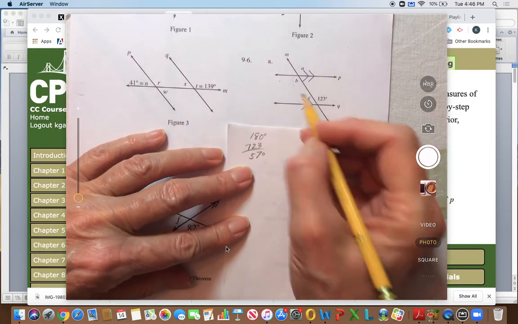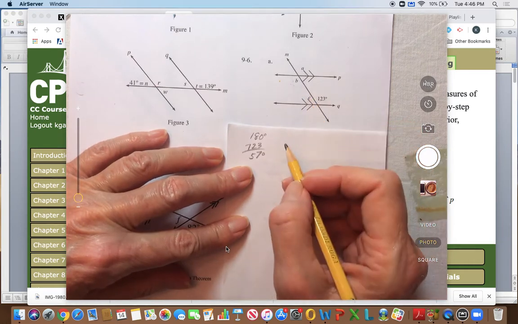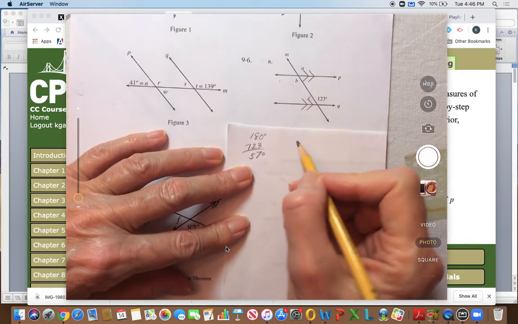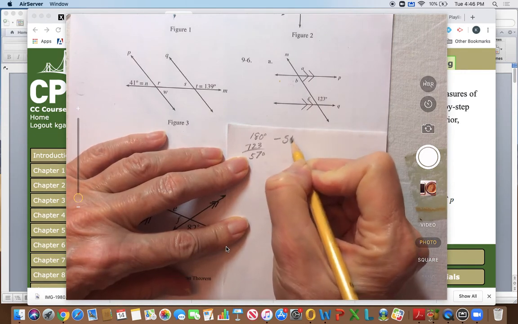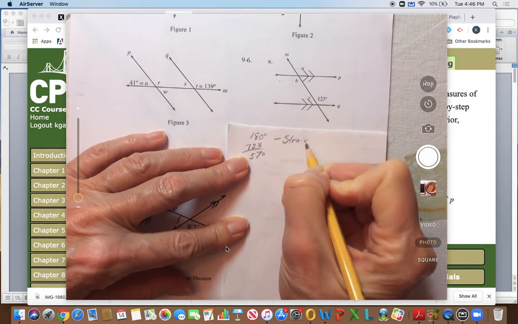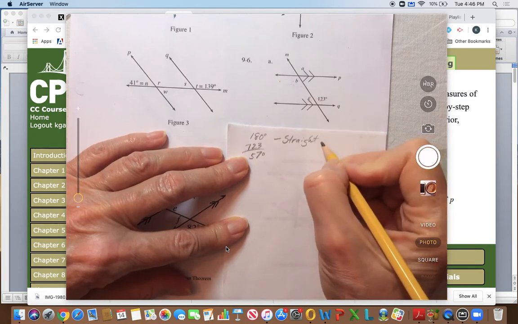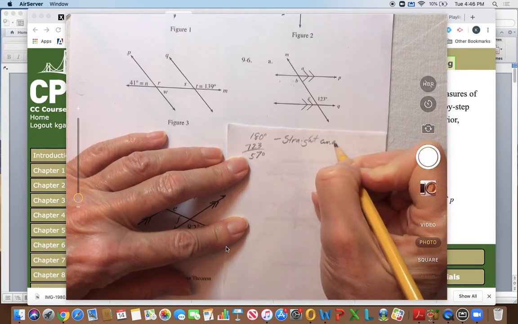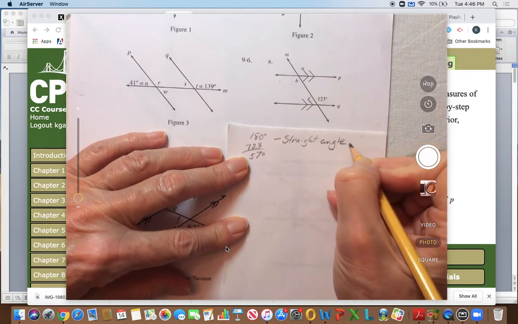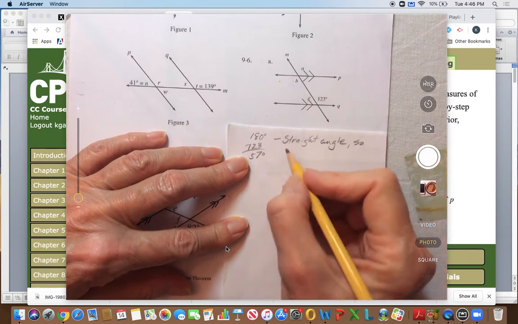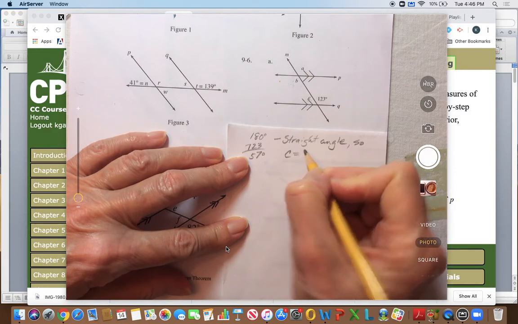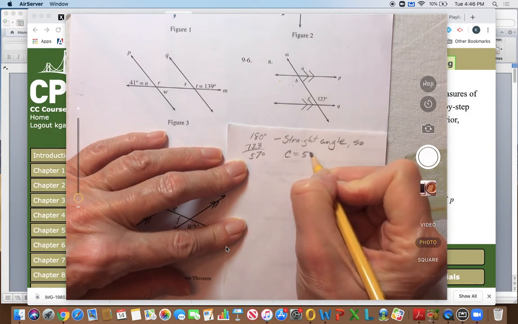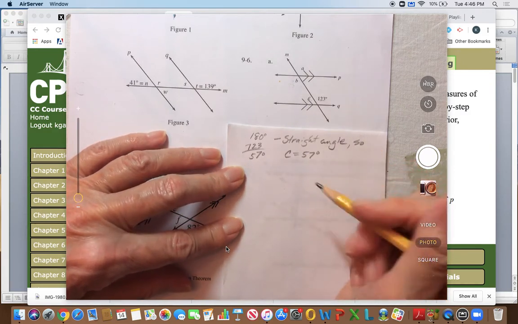So we know now, because it's a straight angle, that C is equal to 57 degrees.